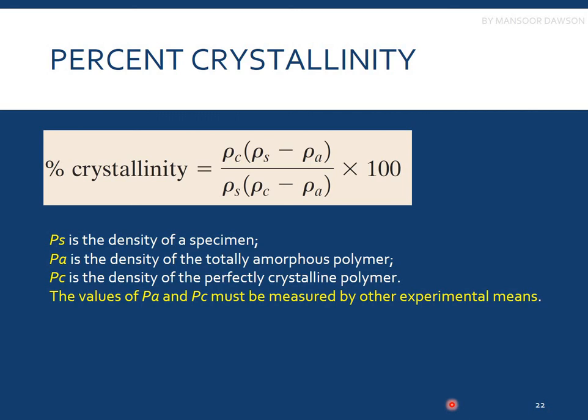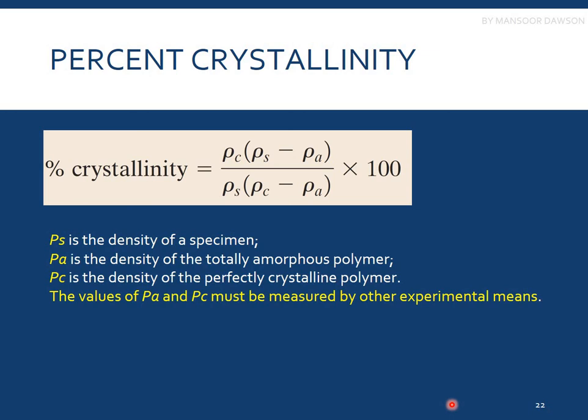So how can we calculate the degree or the percentage of crystallinity? That means how much of the polymer or our material is crystalline, and how much is amorphous. Here we can find the percentage crystallinity, and the rest would be the percentage of the amorphous part in the polymer or material.